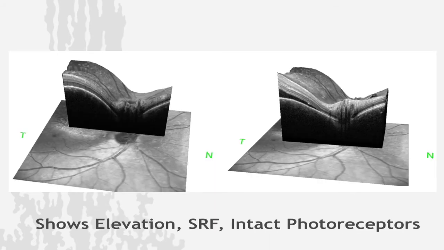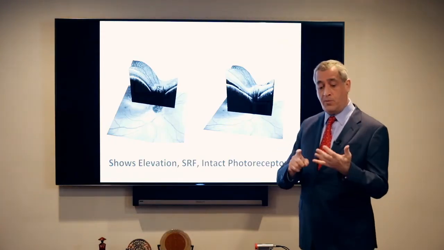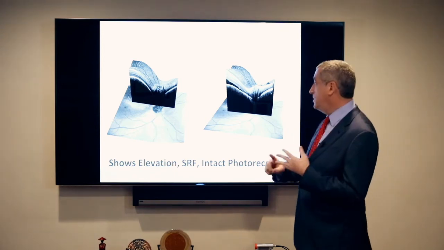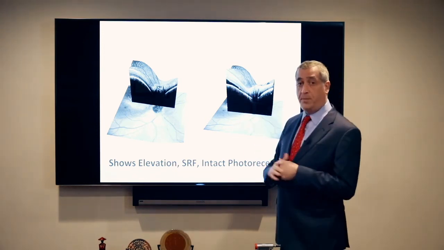On the OCT, now this is quite interesting. You'll see the subretinal fluid, and OCT is one of the most sensitive methods for finding subretinal fluid. But remember, with both melanoma and the metastatic lesion, you had dysmorphic photoreceptors.